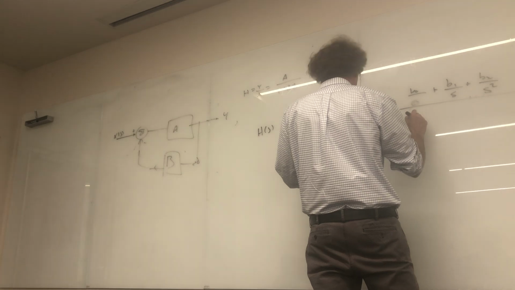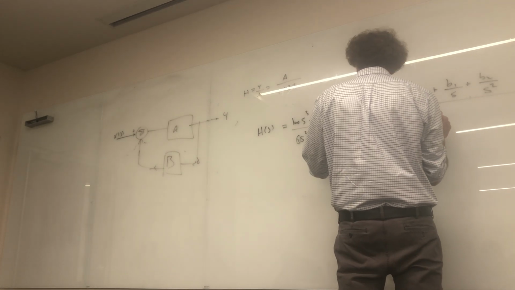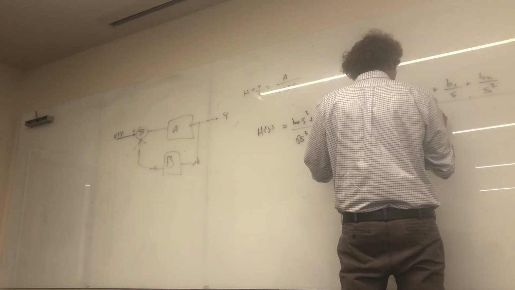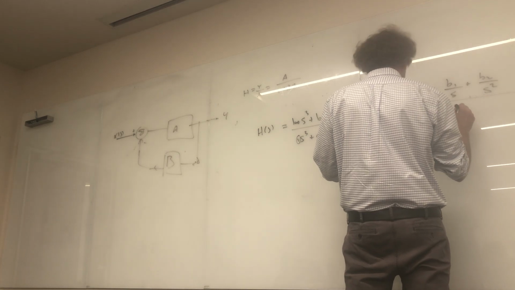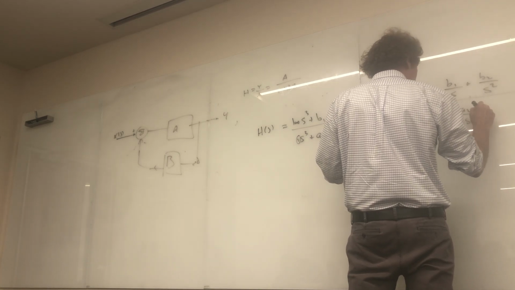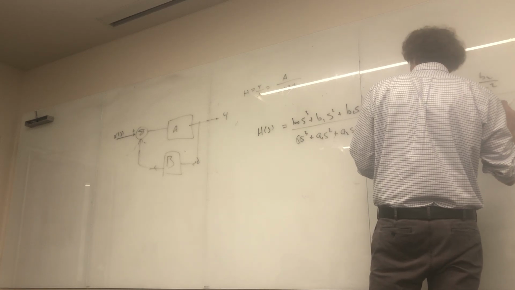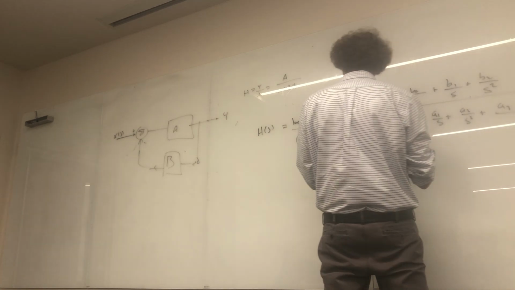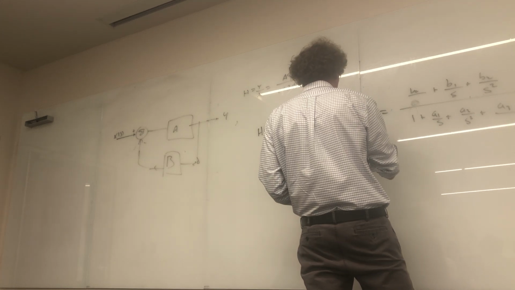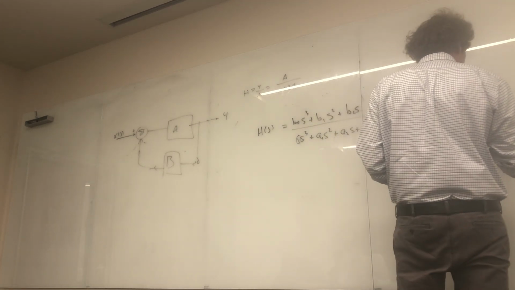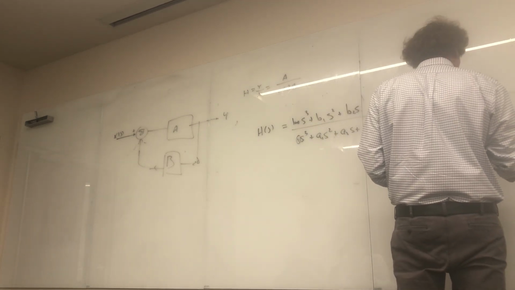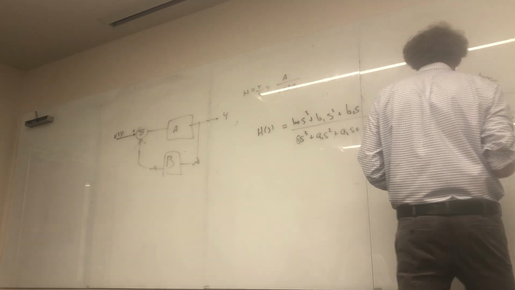Downstairs, you're going to have 1 plus A1 over S, plus A2 over S squared, plus A3 over S cubed. I should call this A3, call it A0, plus A3 over S cubed.